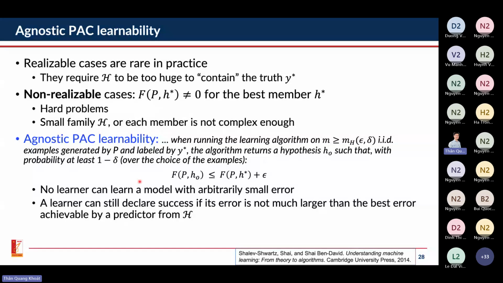For example, like this. If we are sure that the test error is not very far from the best model in the model family, then we can say that this family is PAC learnable. That's all.